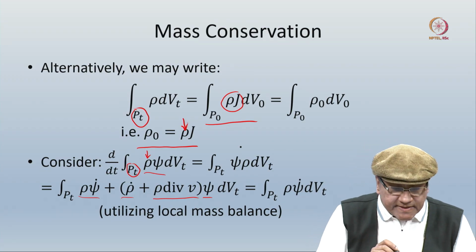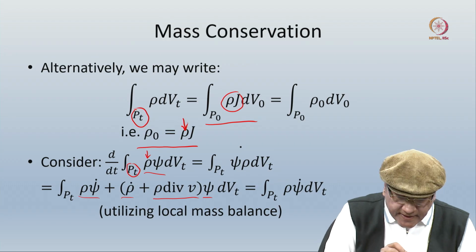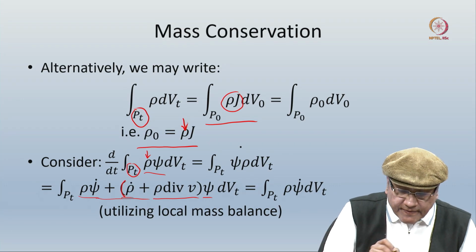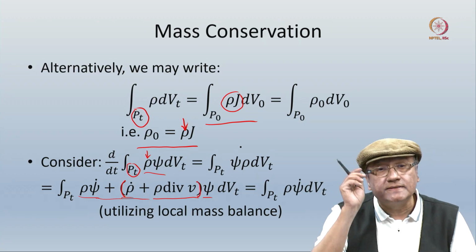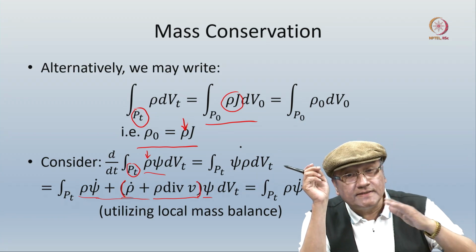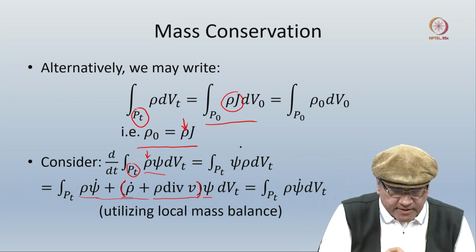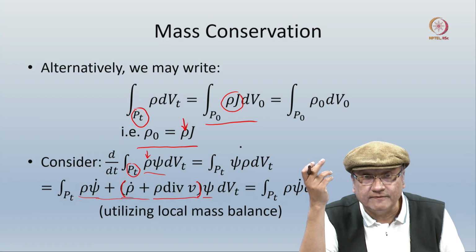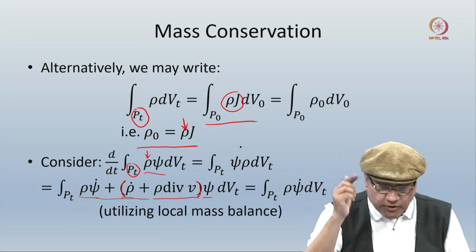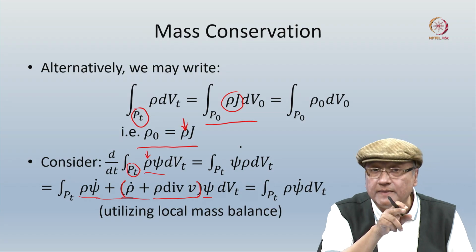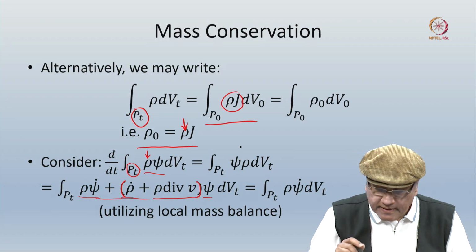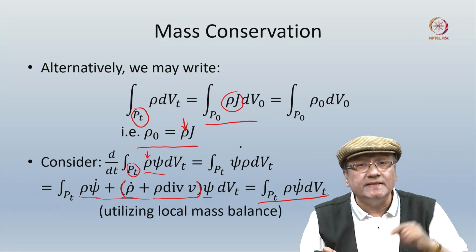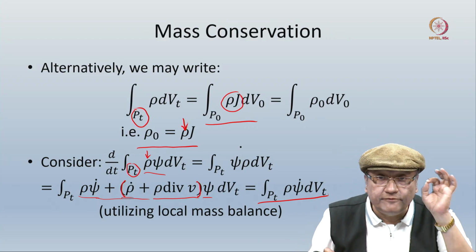The point here is that if you rearrange these terms properly as we have done here, then this bracketed quantity is the left hand side of the mass balance, rho dot plus rho divergence of v is 0, if the mass balance has to be satisfied in the local form. So this vanishes provided the mass balance is satisfied in the local form, and we are left with the integral over Pt of rho psi dot dv. So you see this is so beneficial for us.